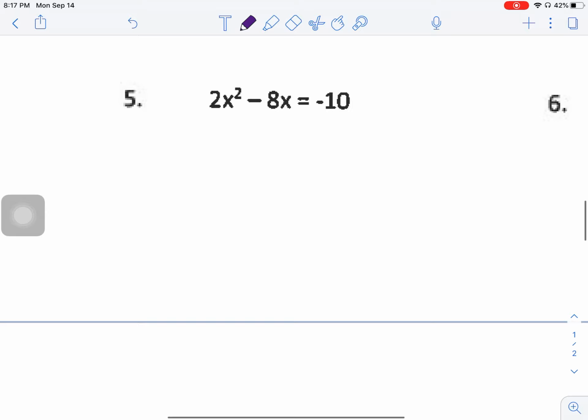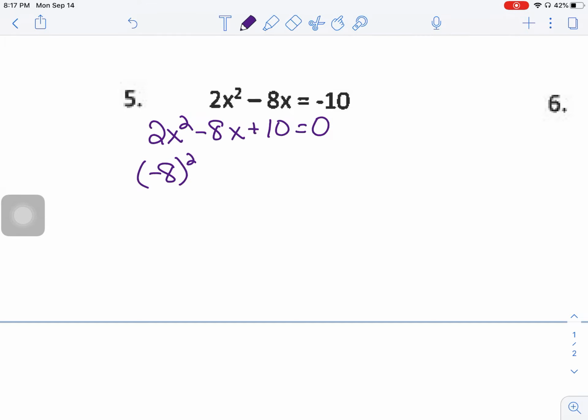All right, problem number 5. Oh no, it's not in standard form. So we're going to put it in standard form. So 2x squared minus 8x plus 10 is equal to 0. It's in standard form now. So b squared minus 4a and c. Let's see what we get here.